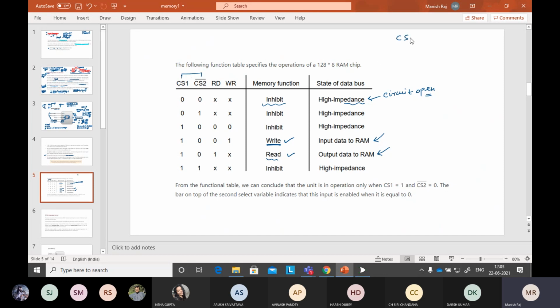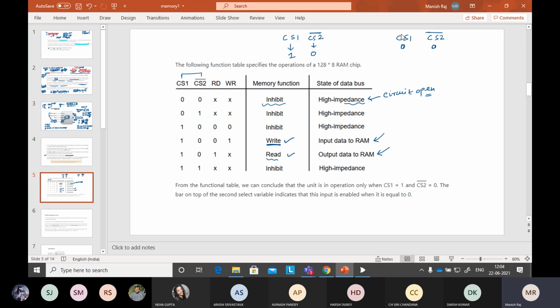Now tell me about CS1 and CS2 bar. I am taking this one as 0 and this one also as 0. What is the meaning of that? Will the chip be selected or not? For selecting the chip, the condition should be CS1 equal to 1 and CS2 bar equal to 0. Only in that condition will the chip be selected.